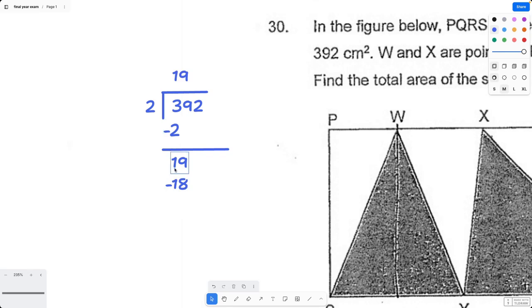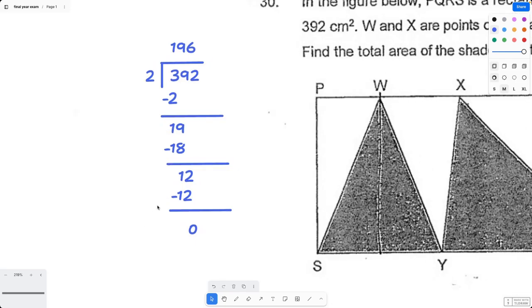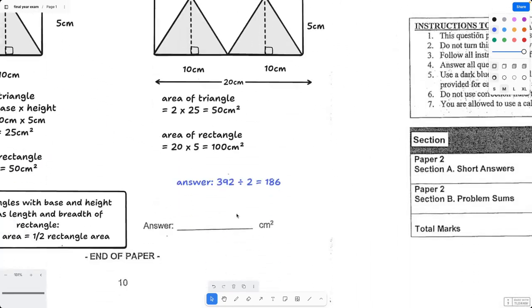This will give us 1, and then put a 2 below. Then we can minus 12 as well. So 6 times 2 is 12, and this will give us 0. This is 196, and then we'll put 0 as what you see over here. So the answer to this is 19.6.